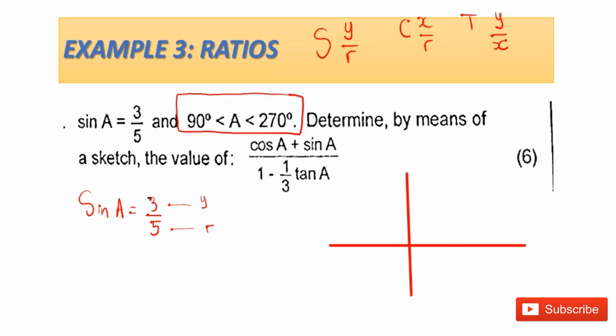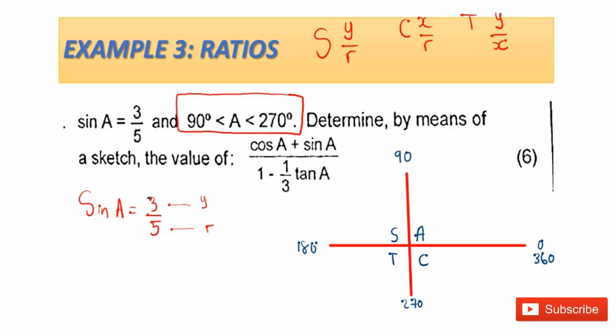Here we see that sine is positive. What do we know? All Students Take Care. We are told that we're working in a quadrant greater than 90 but less than 270. So which quadrant is that?